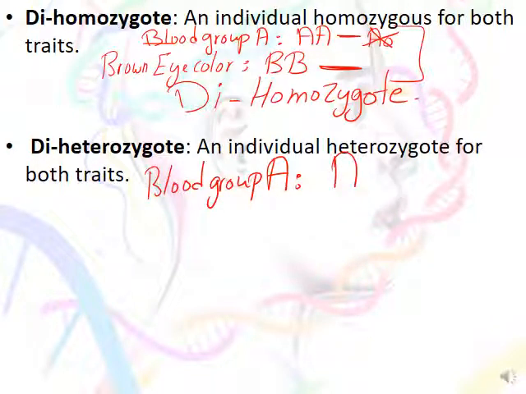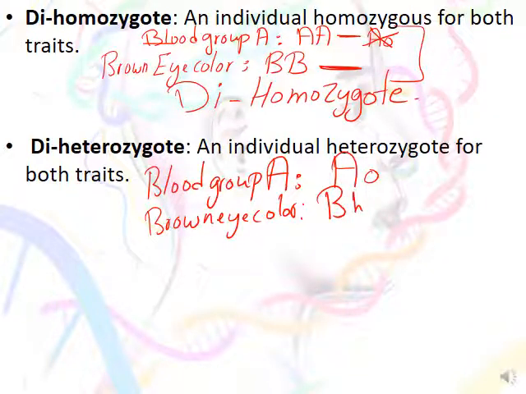No. AB? No, since that is blood group AB. So it should be A and O. For brown eye color, if it's heterozygous, it's going to be B capital and, let's say, hazel, for example, H. So it's heterozygous for both traits, and it's said to be diheterozygous.